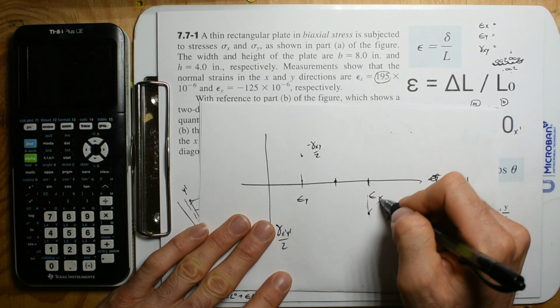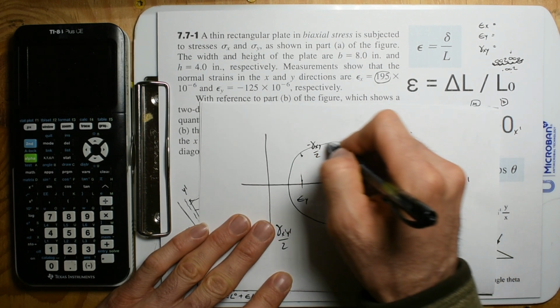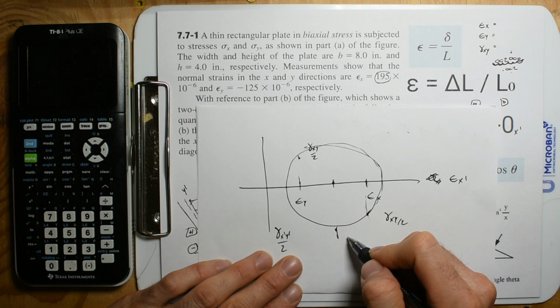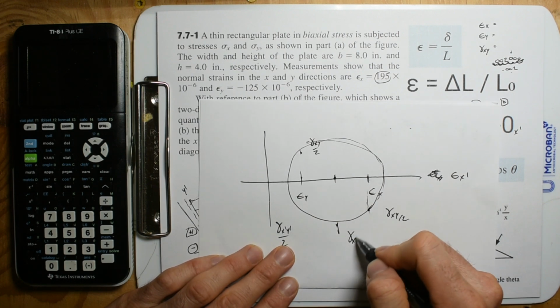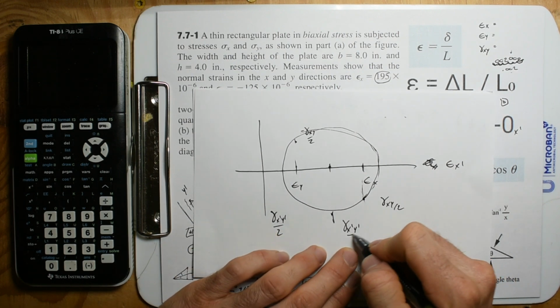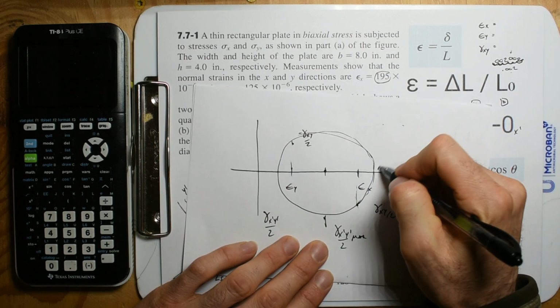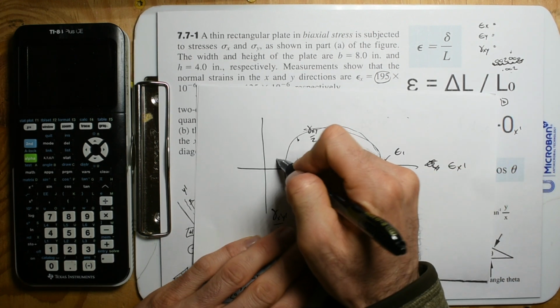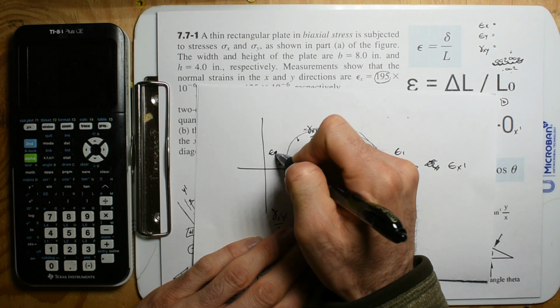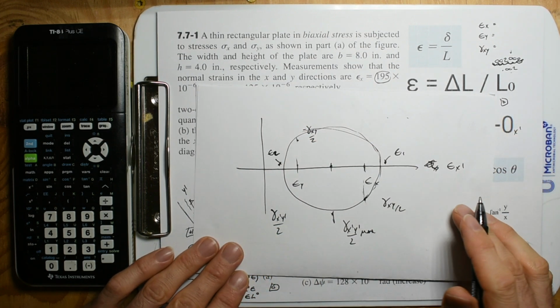The center of the circle is here, and now here's Mohr's circle. And then here's going to be the max. So this is going to be shear strain xy divided by 2 max. And this is going to be the principal strain number 2, and principal strain number 1.